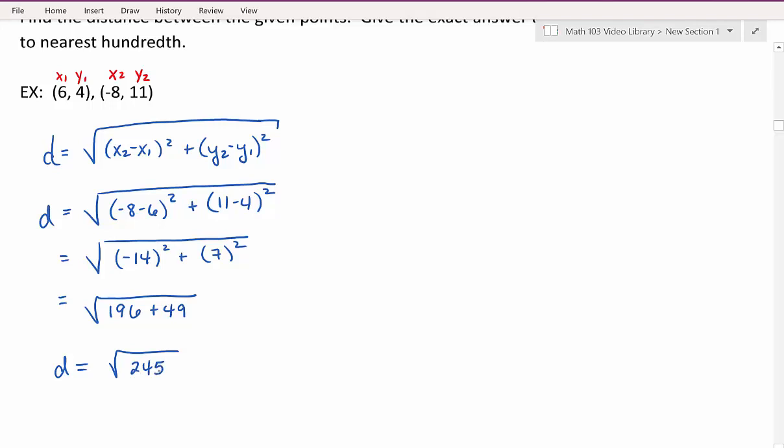The directions asked us to give an exact answer and an approximate answer. So to get the exact answer, you want to simply simplify the radical.